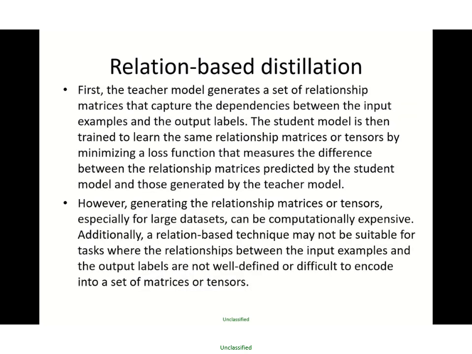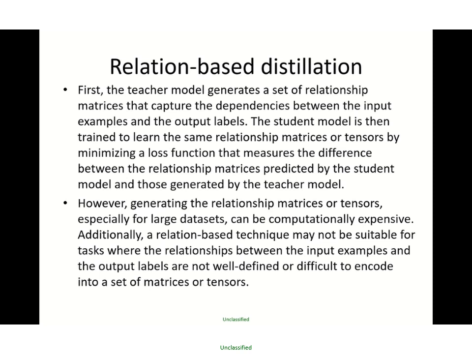First is the teacher relationship model. The teacher model generates a set of relationship matrices that capture the dependencies between the input examples and output labels. Then these are picked up by the student model, which is trained to learn the same matrices or tensors by minimizing the loss function that measures the difference between the matrices of the student and the teacher.